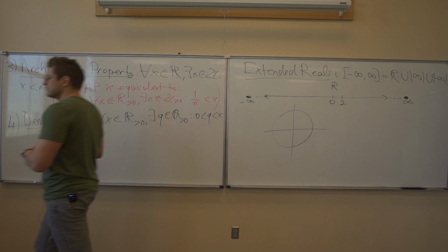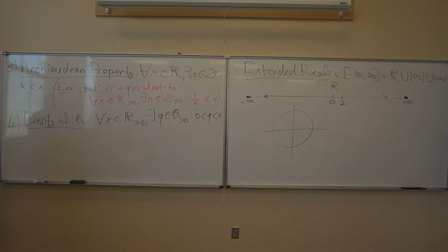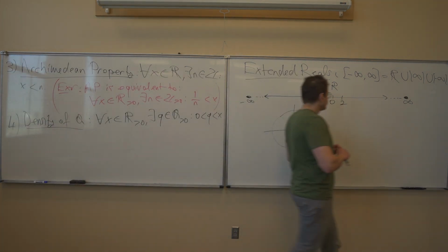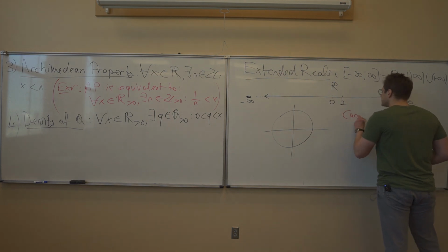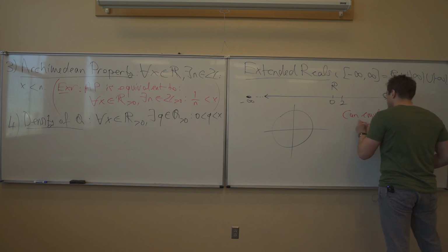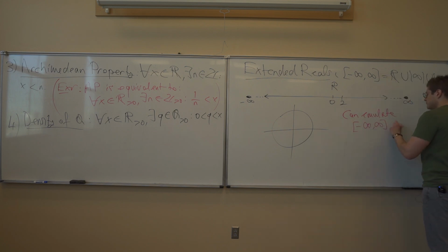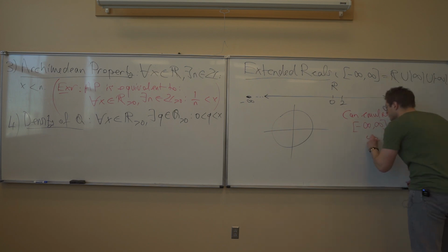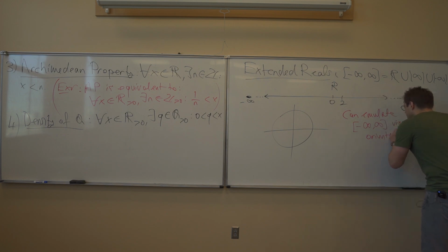So one way to emulate extended reals is to say, I'm going to look at oriented lines in the plane, so via oriented lines passing through the origin in the plane.